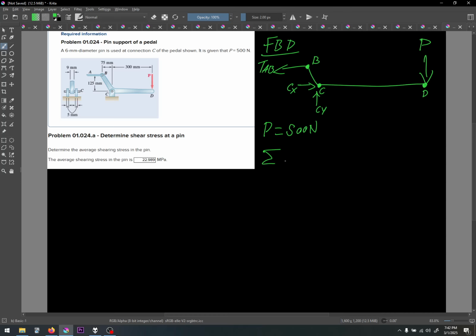The sum of the moments about point C: this one is going clockwise, this one's counterclockwise. So let's start with T_AB. It's going to be R. How far away is that? Well, interestingly, T_AB is both this way and this way from our point C.